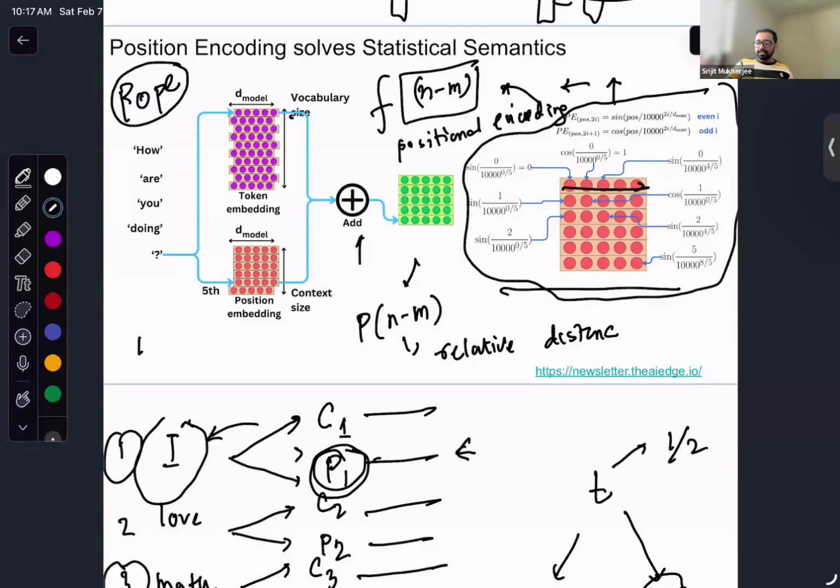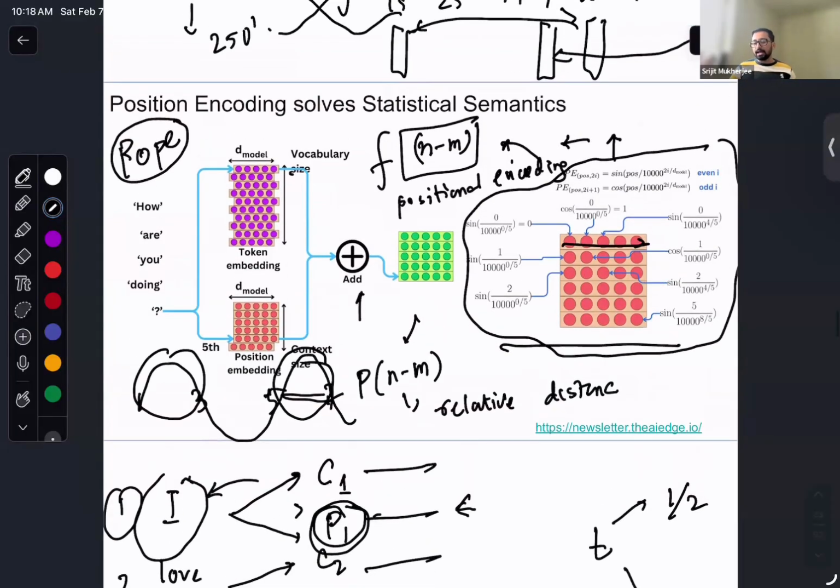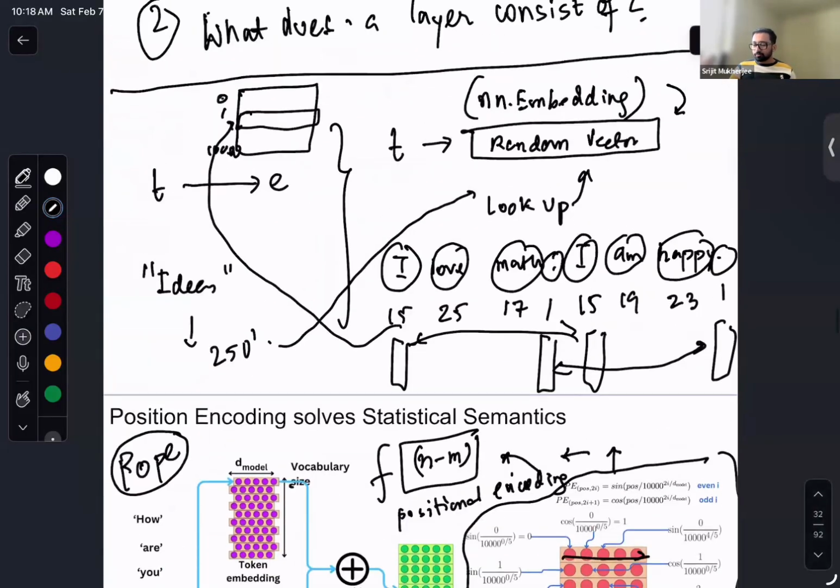So if 1 is here, 3 is here, and 5 is here, and 7 is here, that relative distance, that theta, helps you. That's why sinusoidal and cosine curves. Okay, I hope you got it. I'm sure you didn't get the math, but you got the idea.